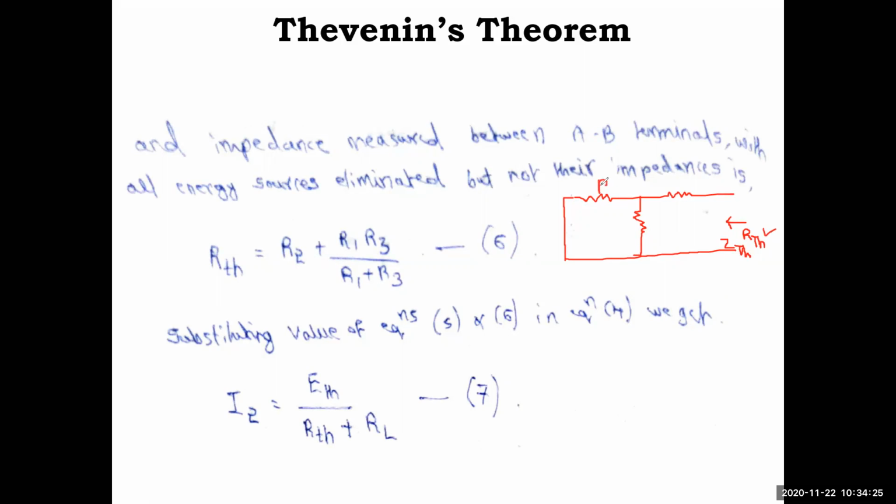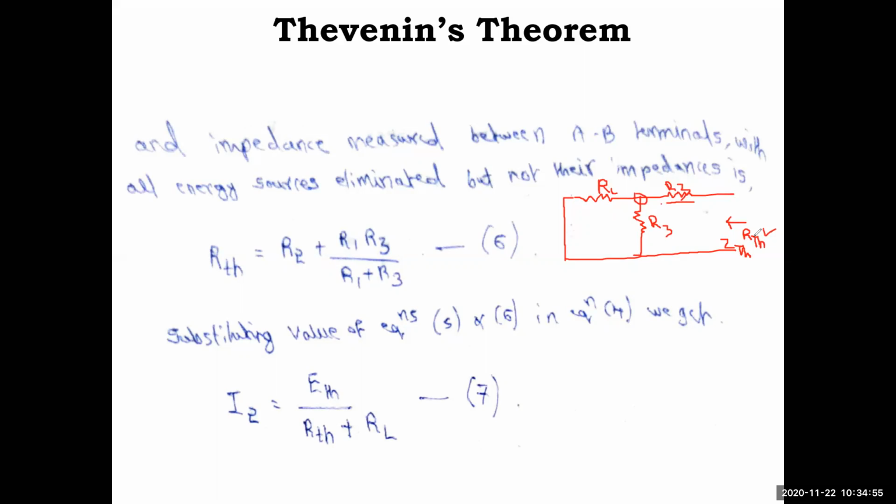These are the values of the resistors R1, R2 and R3. Here this R2 is an open element, not connected to anything. So how is it connected? R2 has a branch here, and R1 and R3 are in parallel, and this parallel connection is in series with R2.